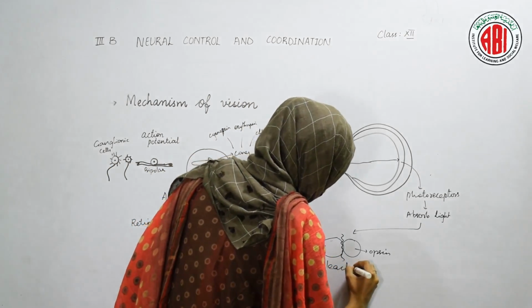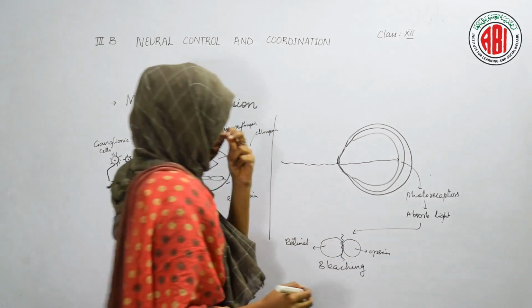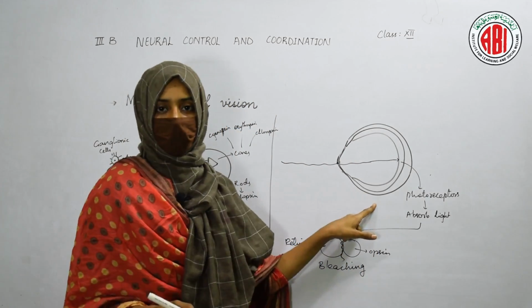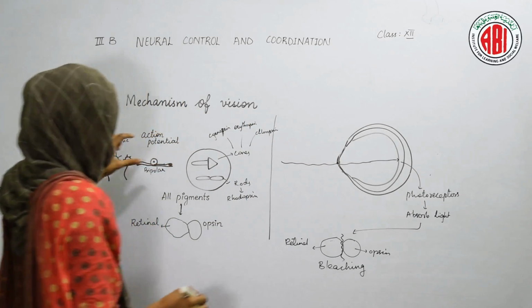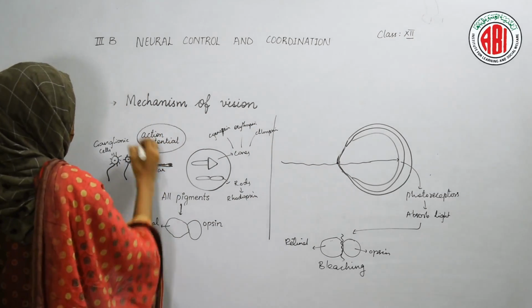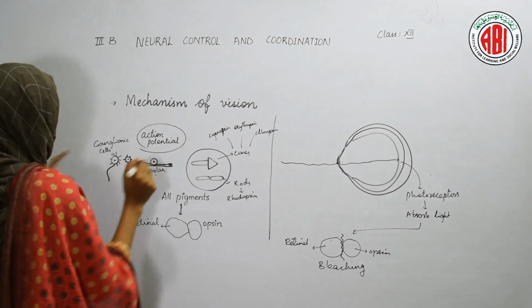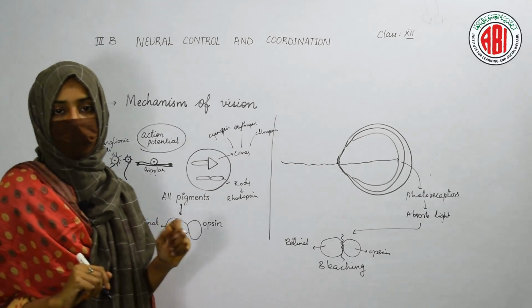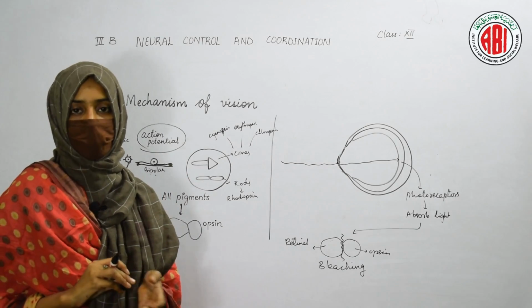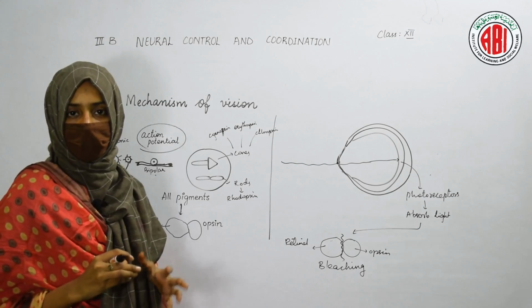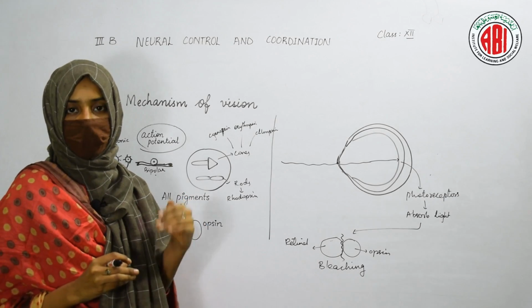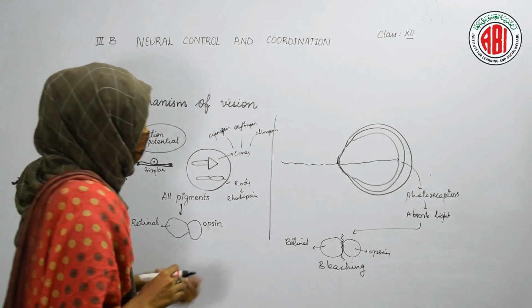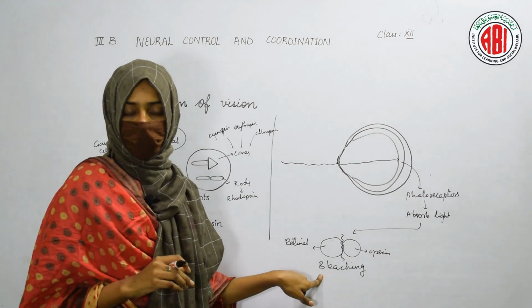Now, due to the bleaching of the pigment of the photoreceptors, the action potential can be seen in the bipolar neurons and in the ganglionic cells. Due to this action potential, they become activated and start to transmit the signals to the brain.